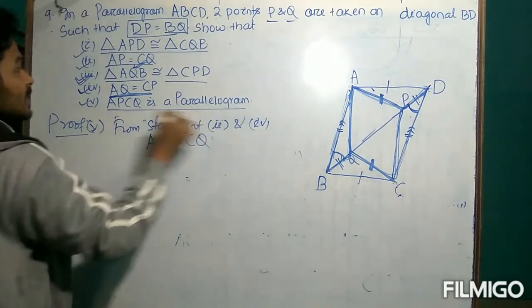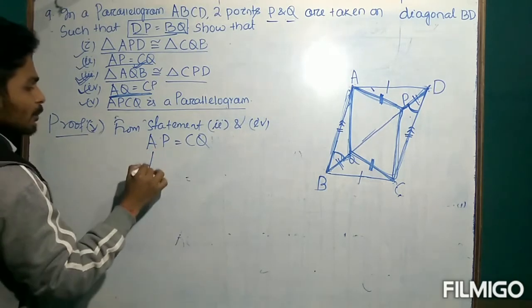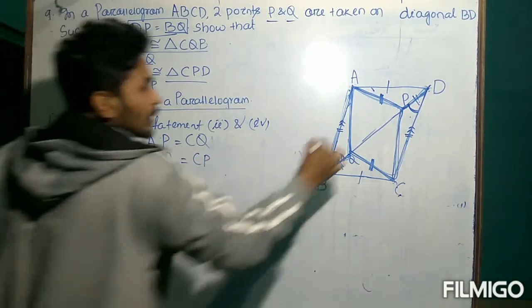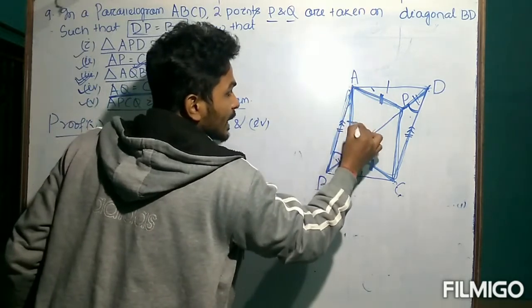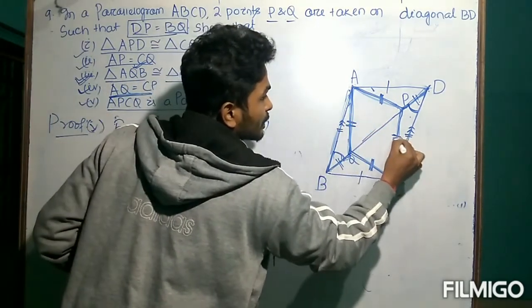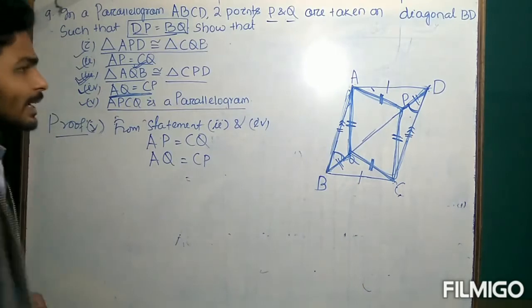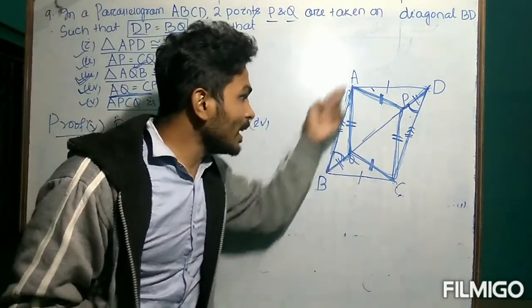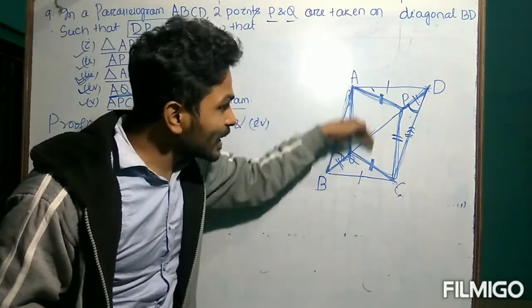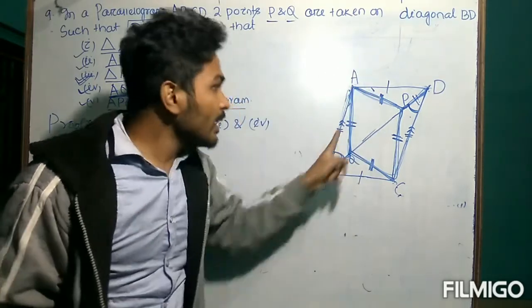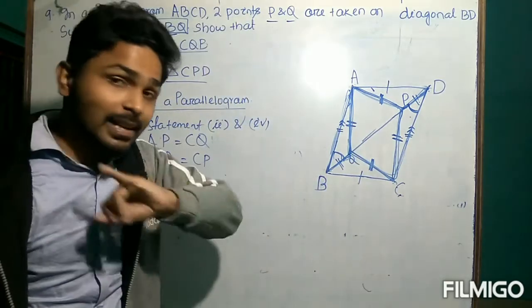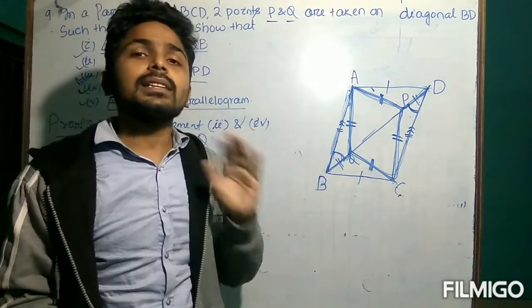And in statement number 4, we have proved that AQ is equal to CP. AQ, this side, is equal to CP, this side. So in this quadrilateral, these two opposite sides are equal, and these two opposite sides are also equal. So our first target is fulfilled, that the pair of opposite sides are equal.